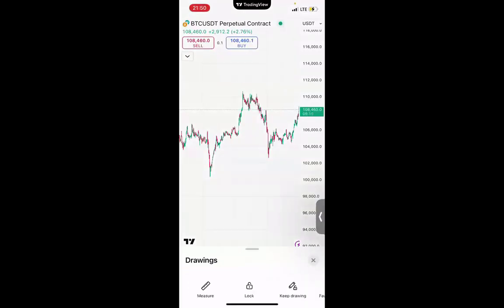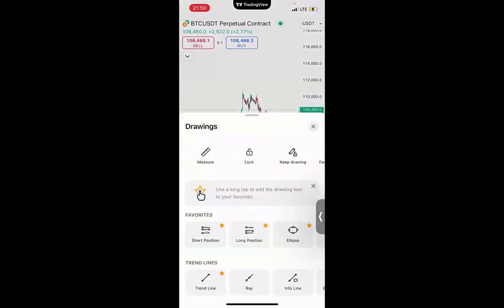So here, if I click on it, you see that we have the drawing tools, right? For example, you have your measure tool, you have your long position tool. In fact, there are some tools like the short position, long position, ellipse, paths, Fibonacci retracements, trend lines, horizontal ray, and all of it that I starred, and it's in yellow.